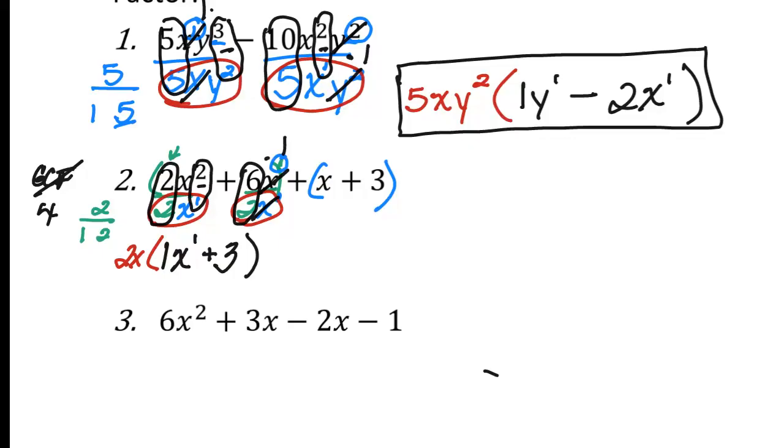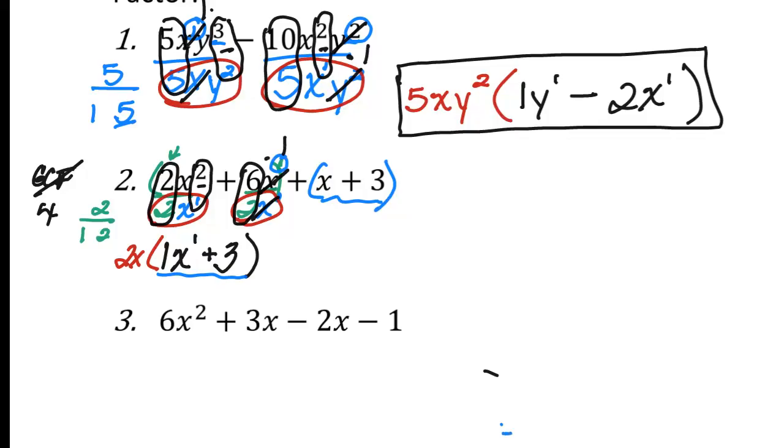Now, looking at this next one, I can already see that I'm looking for an x plus 3. I have the x plus 3. That's what I want. So I need to have something out in front so I can factor both of those.